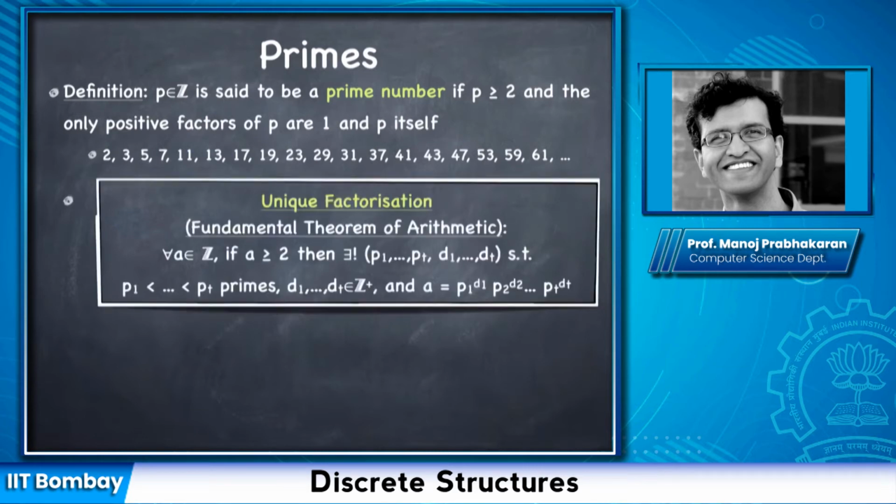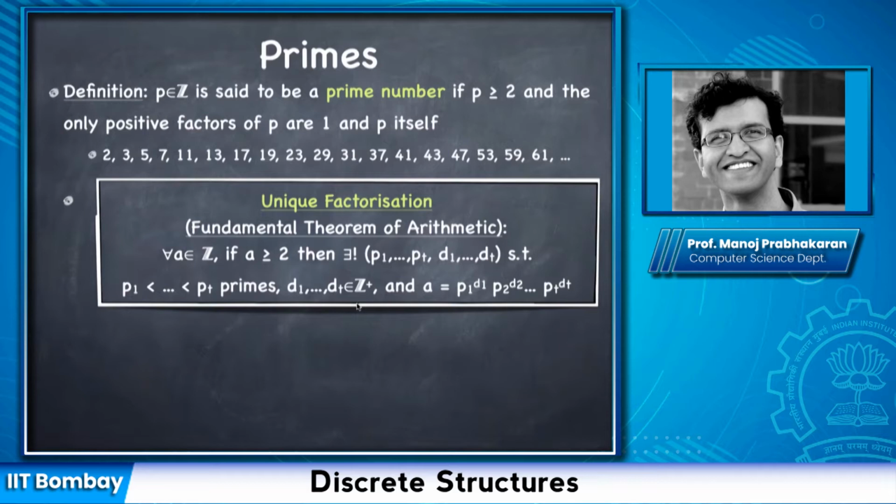And the theorem we are going to prove now is that every integer A greater than or equal to 2 can be written as a product of a bunch of prime powers. So here each p_i is a prime number and d_i is a positive integer.